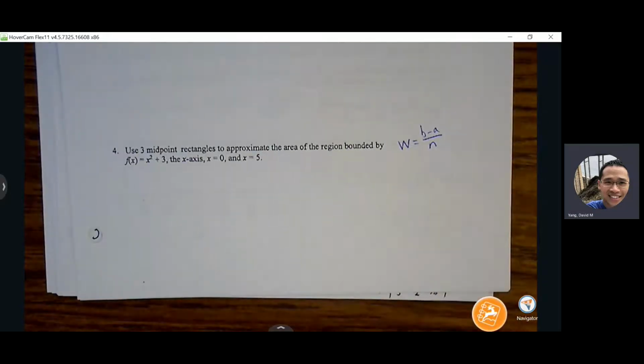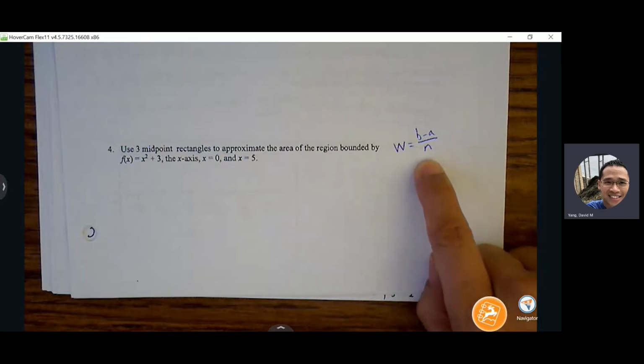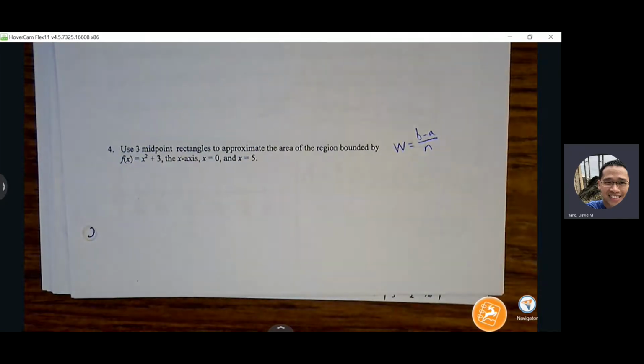Okay. Now, if we had a table of values, we would go through the method that we did yesterday. We're going to see that on the back page. But here, we're going to build our width using this formula, okay? b minus a over n.